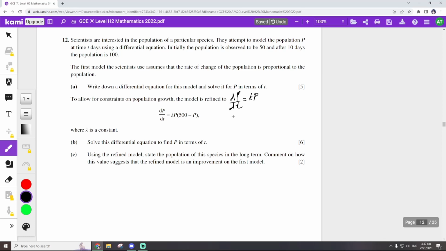Okay, so that is to say, if I separate the variables, integrate 1 over kP dP equals to integrate 1 dt. So that is to say 1 over k ln mod P equals t plus c.